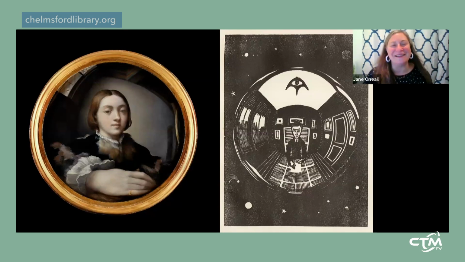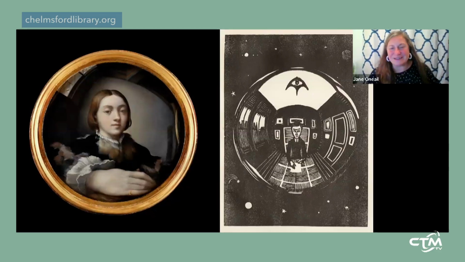We spent some time looking at this a few months ago during the art talk on artist self-portraits. This is by the Italian Renaissance artist Parmigianino from the early 1500s. It was sort of a groundbreaking work for the time where we can see this young man's beautiful reflection, but also the distortions of his hand and the room around him and how they were so beautifully accomplished and how it helped for him as a young person to emerge into the spotlight.